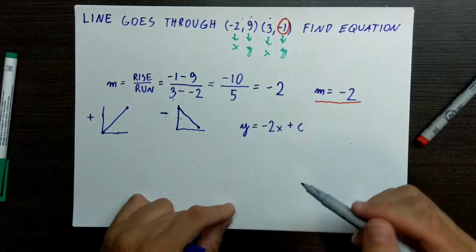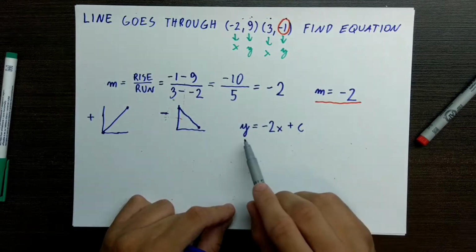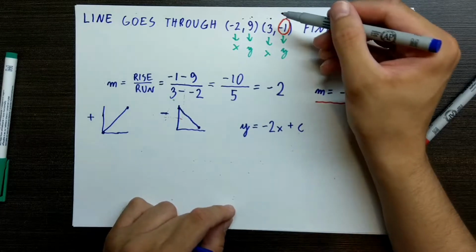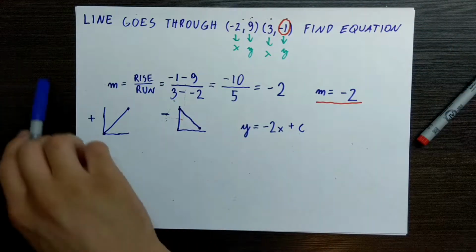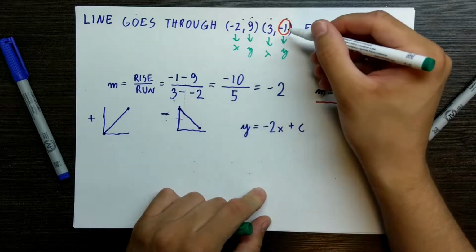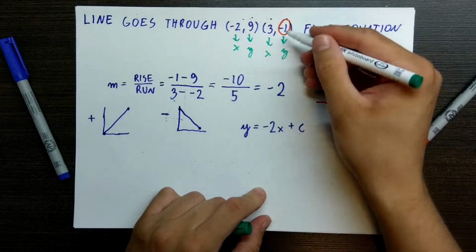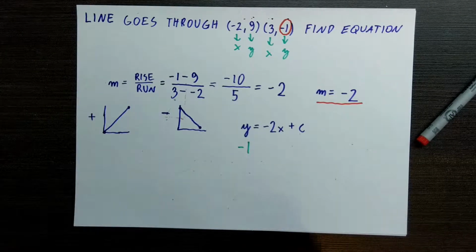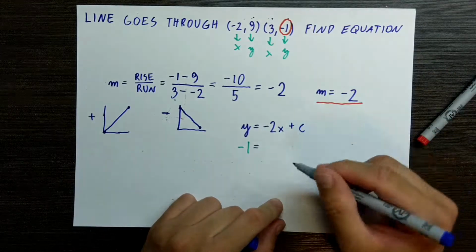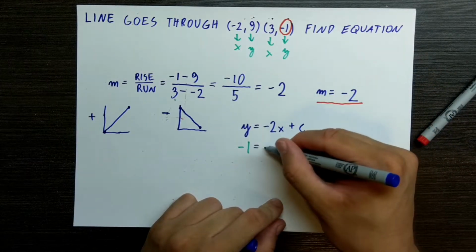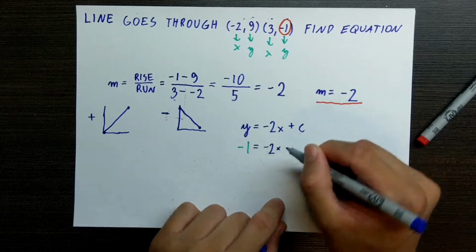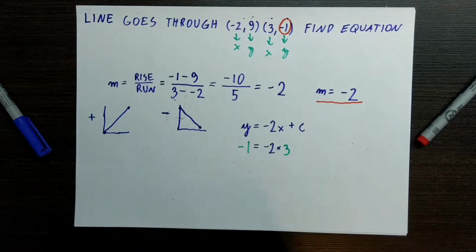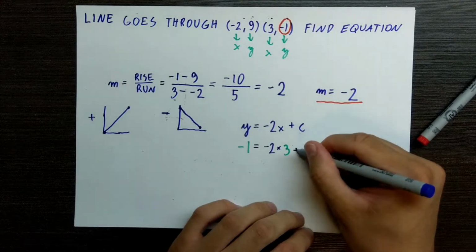Now, so now we pick this one. We can pick either one, but this one has smaller numbers, so I'm thinking it's going to be a bit easier. So y is equal to -1. So here we have -1, which is equal to, x is 3, so this is equal to -2 times +3, and we have now plus c.